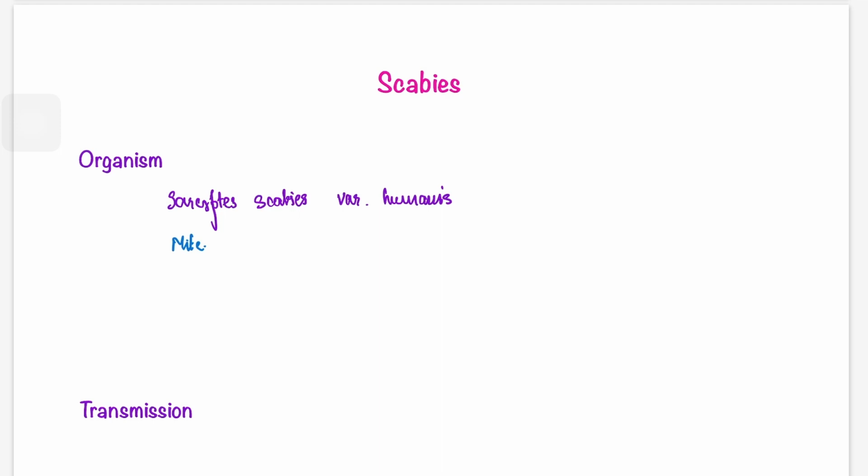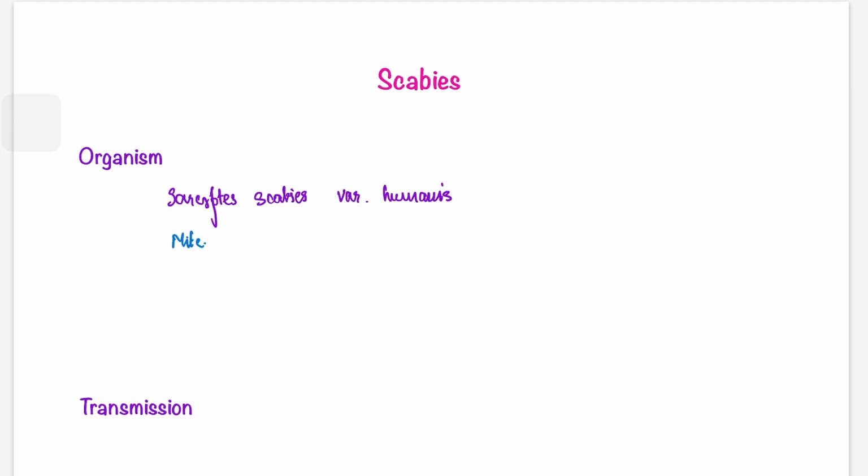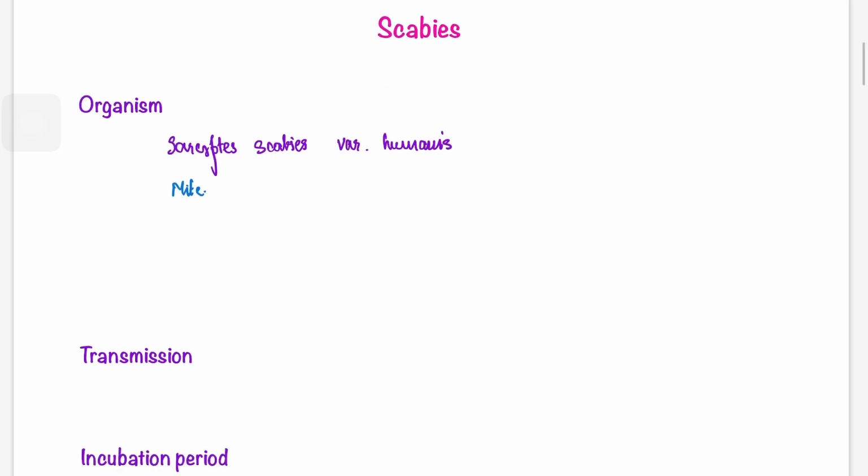Our body tries to react against the mite, the egg, and the fecal pellets, that is scybala. So it develops a hypersensitivity reaction to these parts, and this hypersensitivity reaction leads to most of the clinical manifestations of scabies.